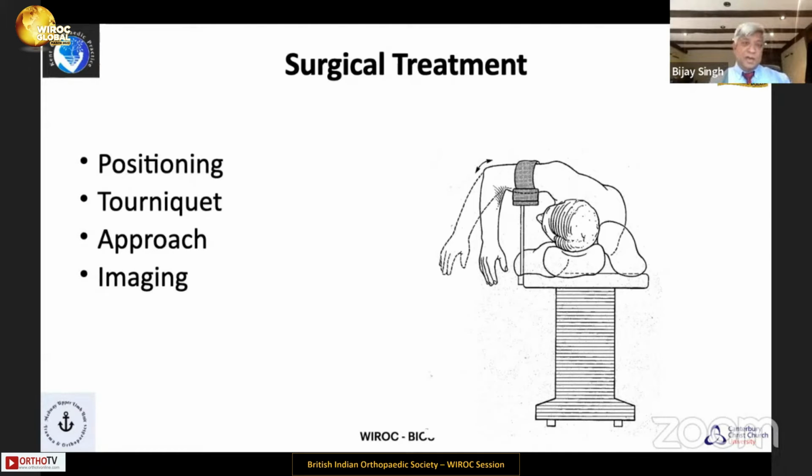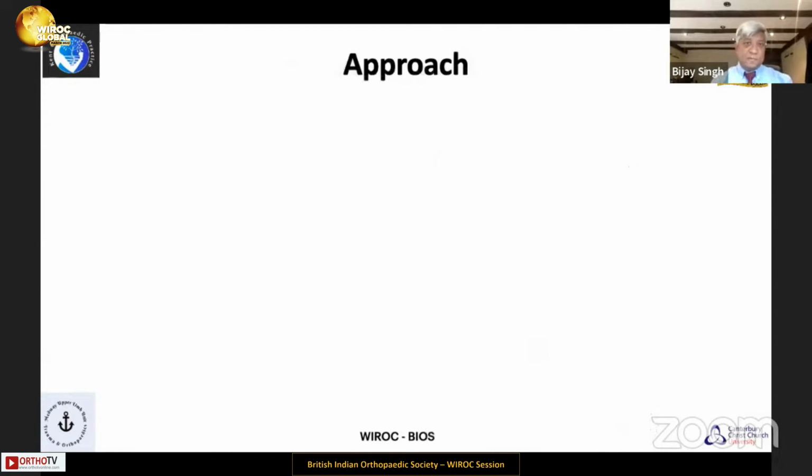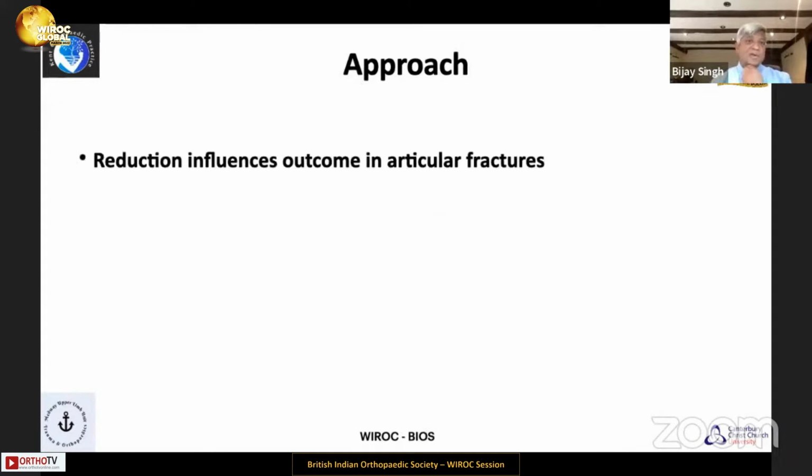I use a tourniquet, and the approach is generally posterior in an adult. And imaging is quite vital, because the last thing you want is to struggle in the middle of a complex procedure. I make sure that I can get the image intensifier properly before starting. The approach is vital, as the reduction influences the outcome in articular fractures.